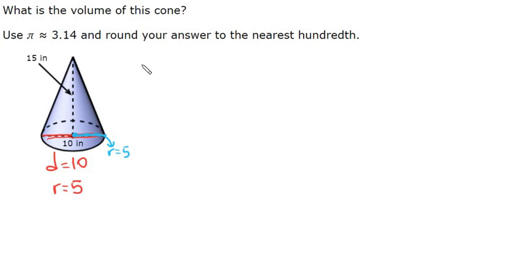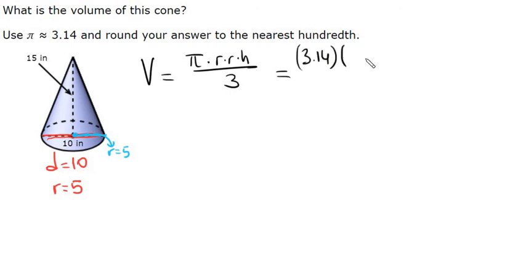Right, so now we are going to use the formula. The volume is pi times r squared times h divided by 3. So the pi is 3.14 multiplied by the radius, which is 5, and the radius is 5, and the height is 15 divided by 3.